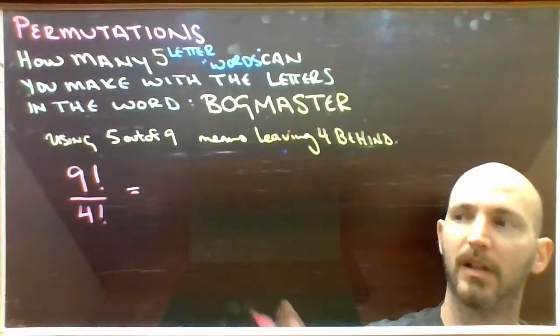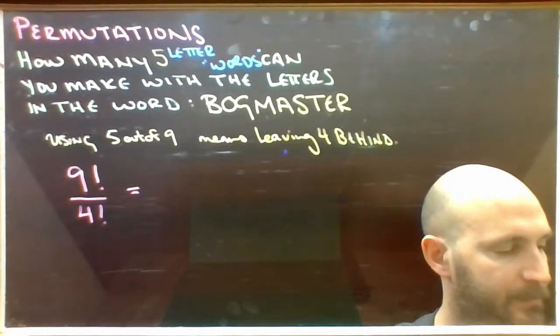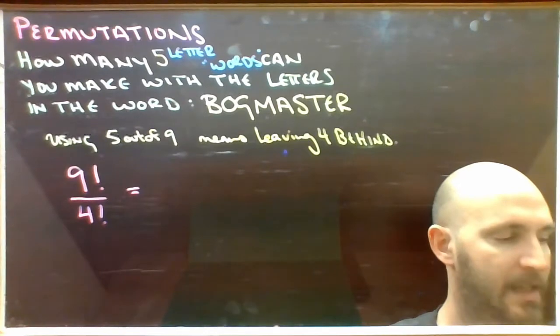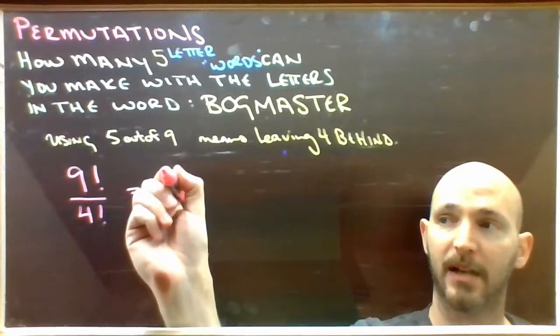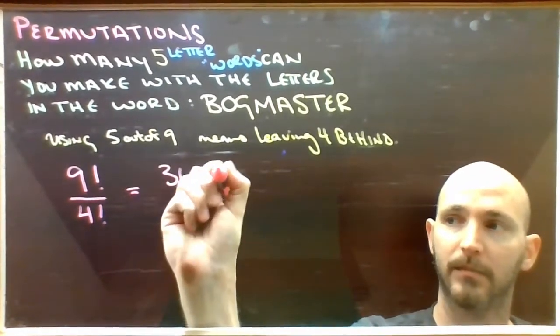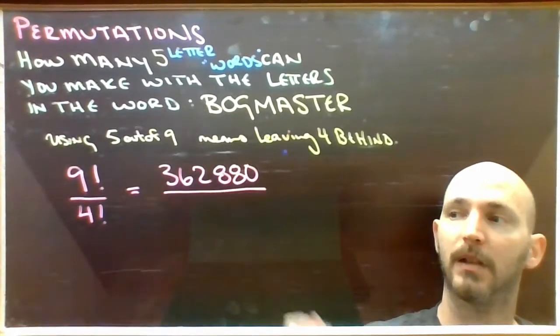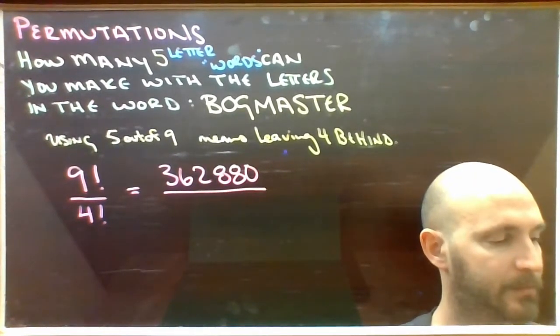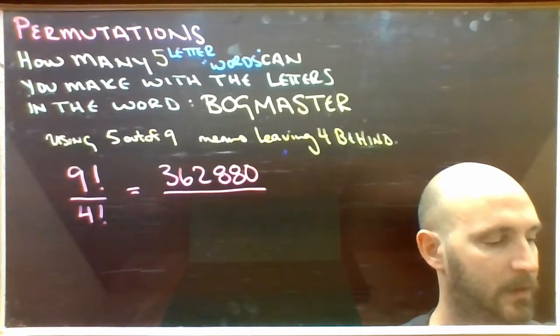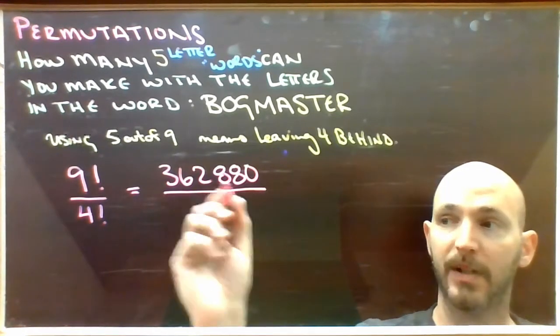So 9 factorial is 362,880. And 4 factorial is 24.